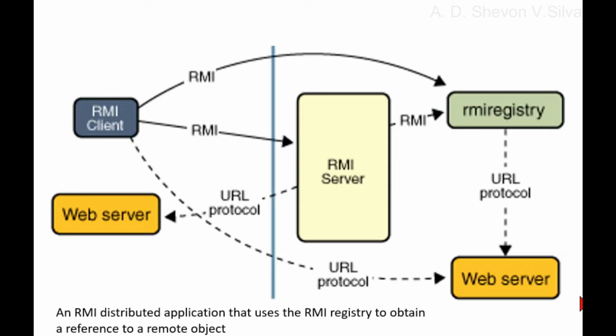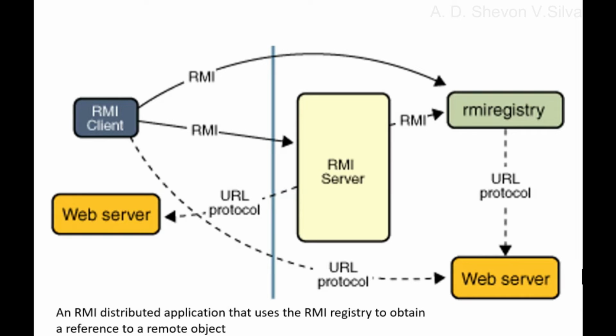Distributed object applications need to do the following. Locate remote objects. Applications can use various mechanisms to obtain references to remote objects.